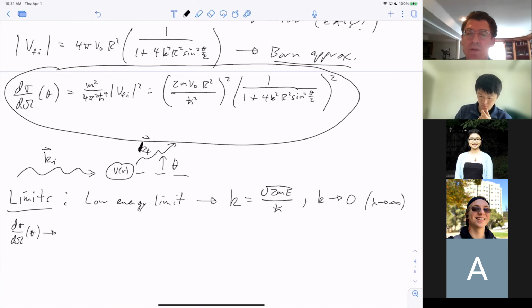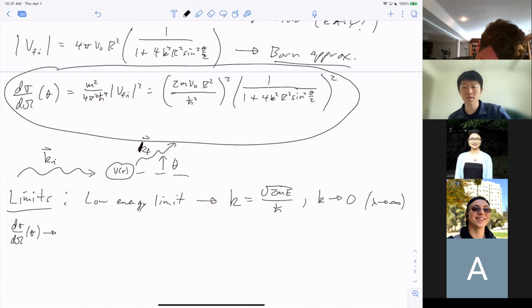Are they all known parameters in the first part? Constant. That's right, exactly. So it all goes to a constant because we know all those parameters. And so now this is actually an interesting result.